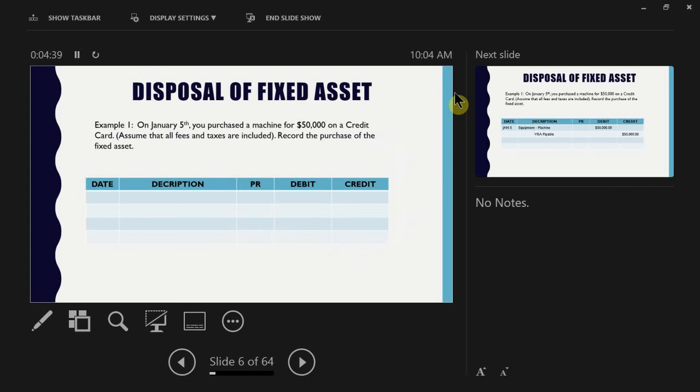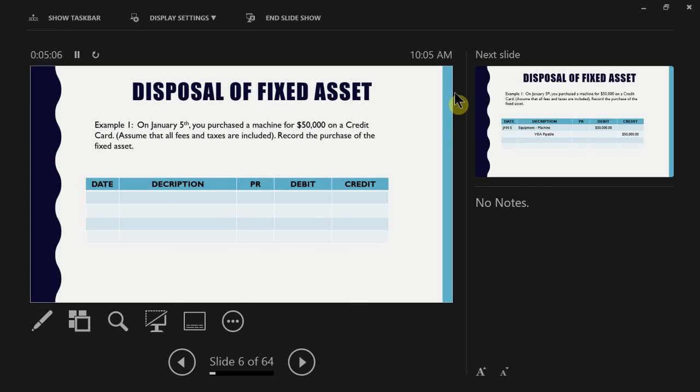So let's go ahead and take a look at our first example. Example number 1: let's say on January 5th, you decide to purchase a machine for $50,000 on a credit card. Assume that this includes all fees, taxes, and whatnot in the price. So let's go ahead and record the acquiring of the fixed asset.